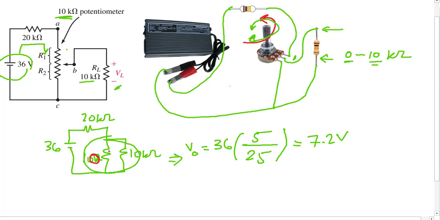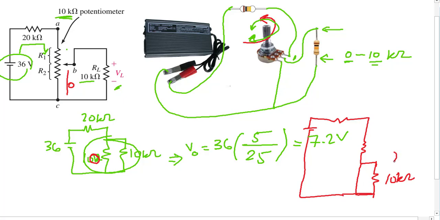Okay, so what is V out in this case? If this resistance here is 0 ohms, that means we have a load of 10 kilo ohms connected to 0, and we have whatever there is of the potentiometer and the battery.